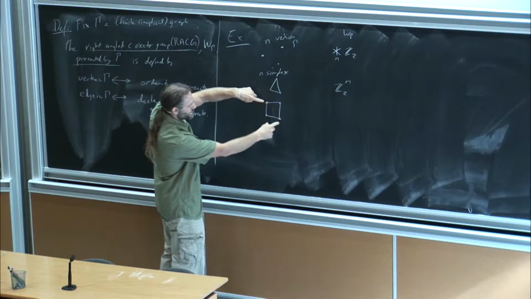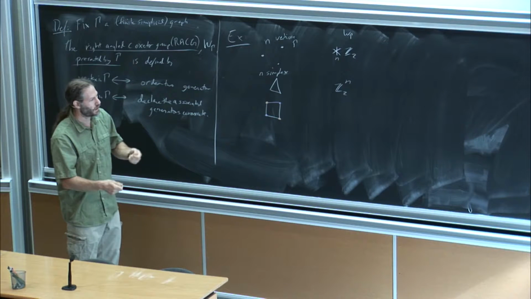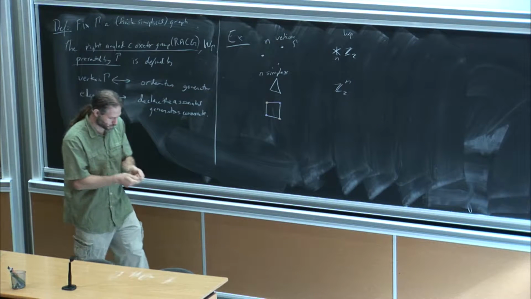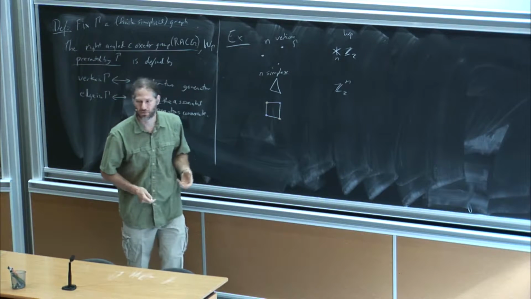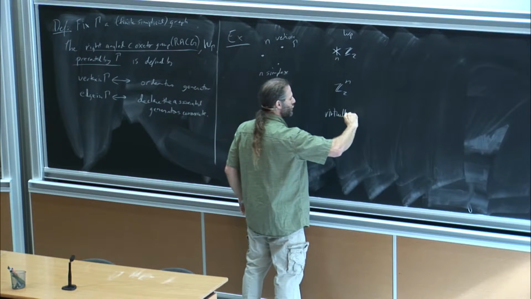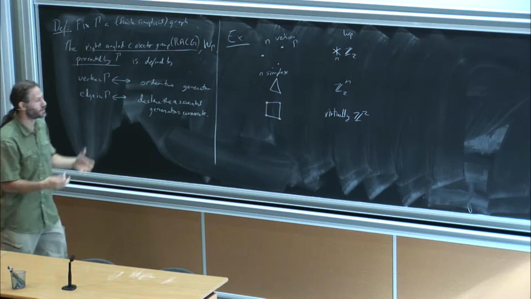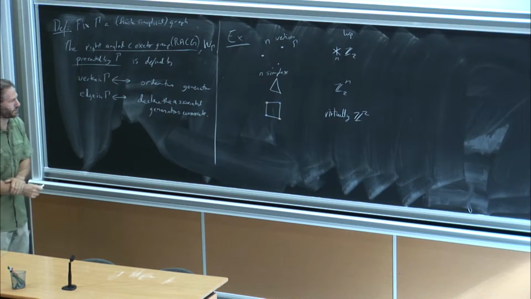Every orange vertex commutes with every purple vertex. So this generates a direct product of two infinite dihedral groups. So let me just say this is a group which is virtually Z squared. Okay, so this is going to be an important example for us. So that's a good one to have in mind.